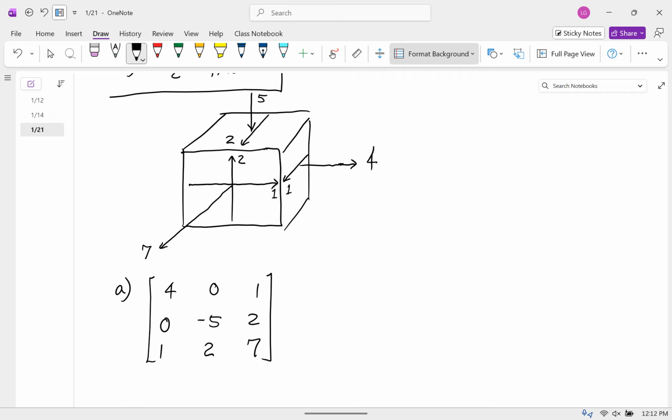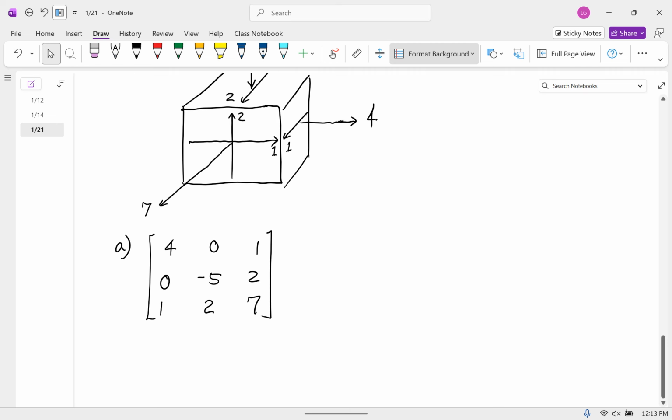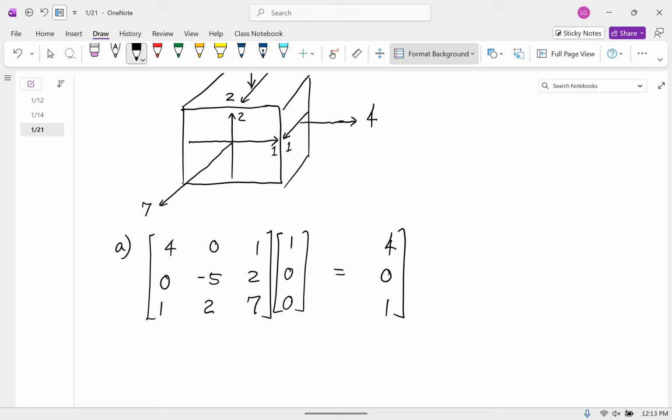And we're going to multiply it by a unit vector that points perpendicularly out of the face that we want. The face we want is the positive x face. So what's the unit vector that points straight out of the positive x face? Yeah, 1, 0, 0, exactly. So we'll multiply it by 1, 0, 0. And what we get out of this is 4, 0, 1.